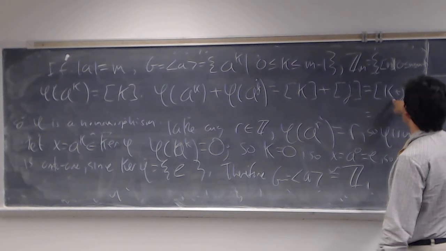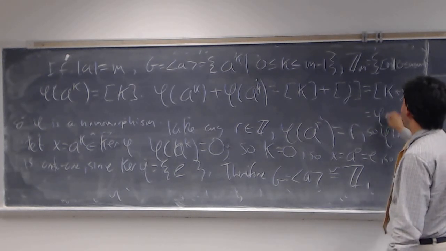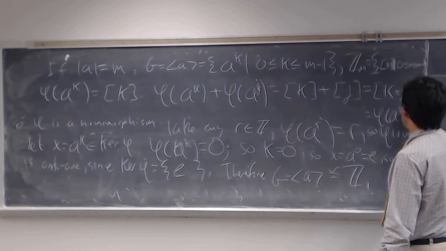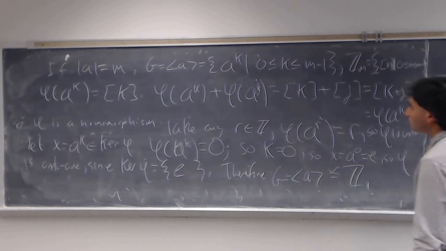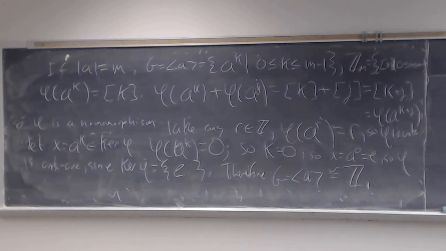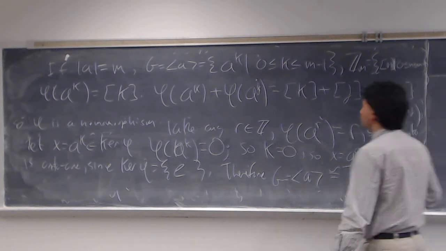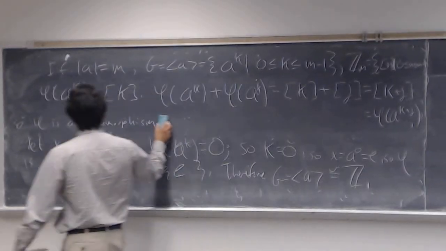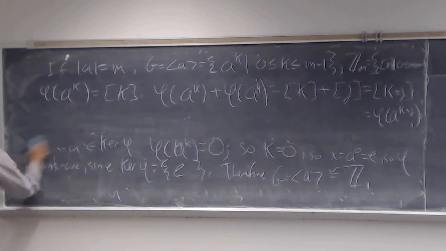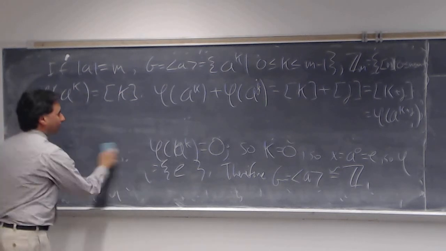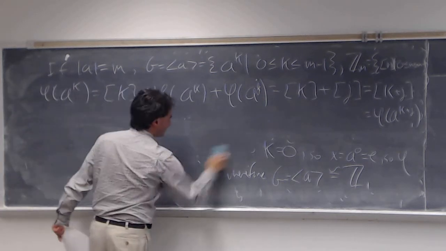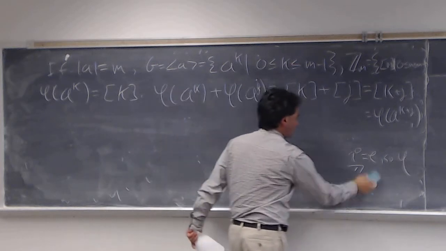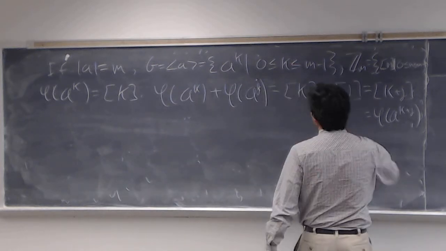But again, this by definition is exactly phi of a to the k plus j. So this is a homomorphism.